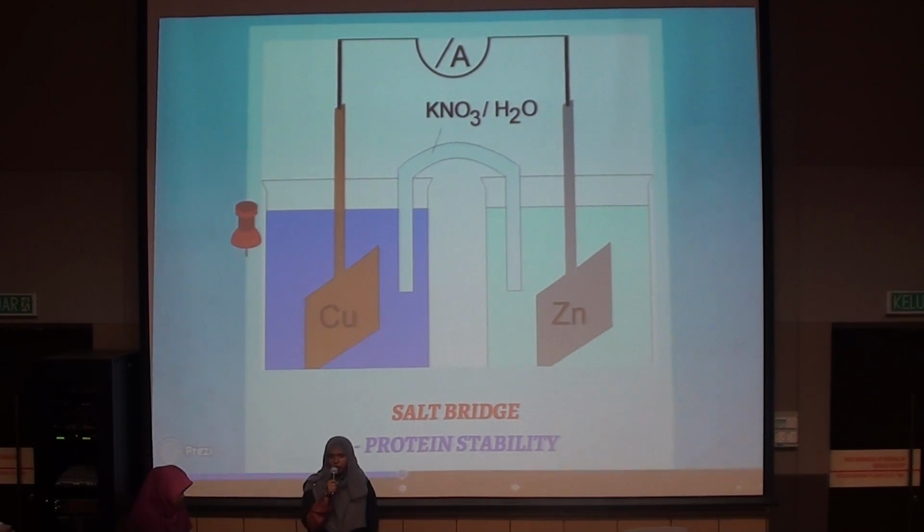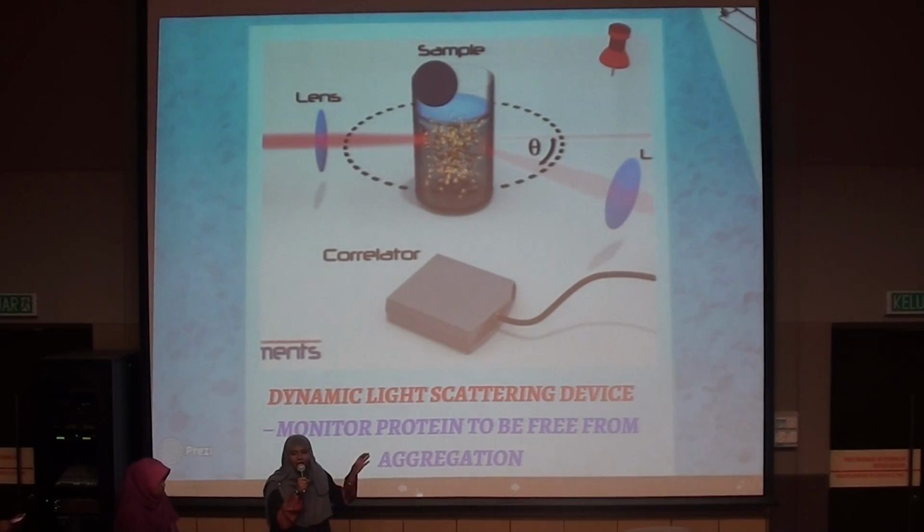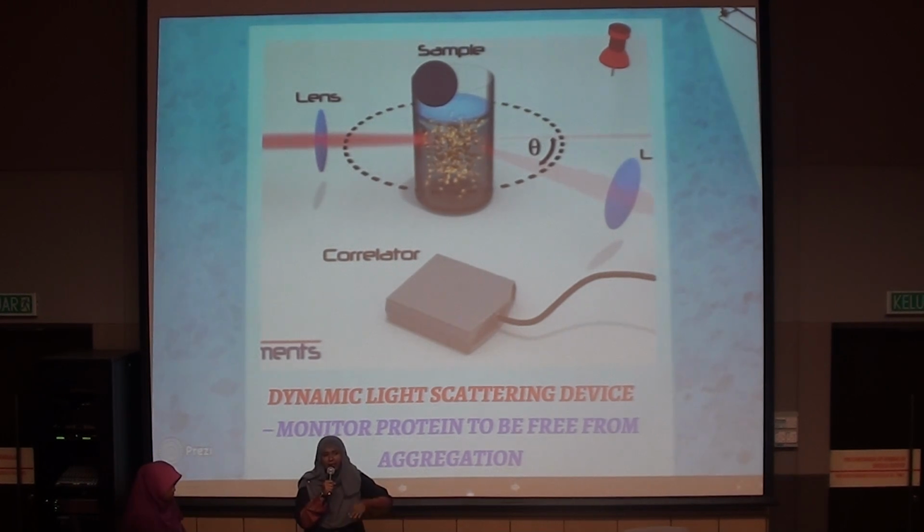Next, we can also use DLS, which is a dynamic light scattering device. This device is created based on the principle of Brownian motion. He was a botanist who was investigating pollen, where it showed the pollen scattered very randomly.